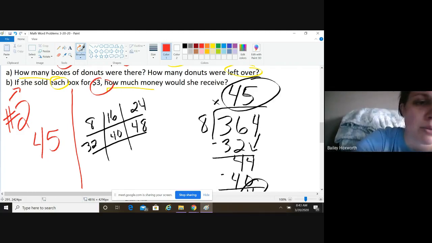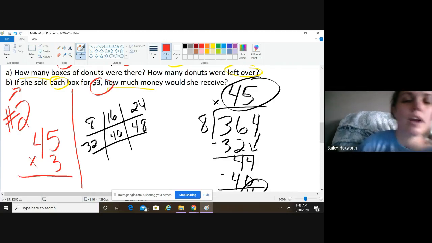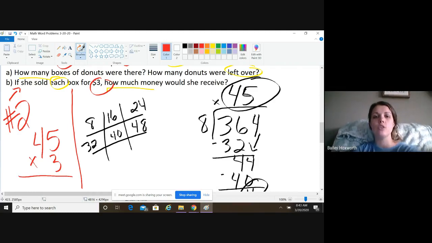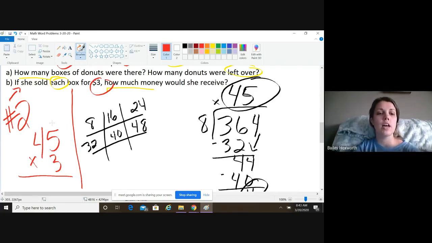So it means I need to be multiplying here. So your job right now is to tell me the answer to question number B, or number 2. If she sold each box for $3, how much money would she be making? So go ahead and pause your screen if you need to finish solving 45 times 3. And we're going to start going over our last word problem of the day.